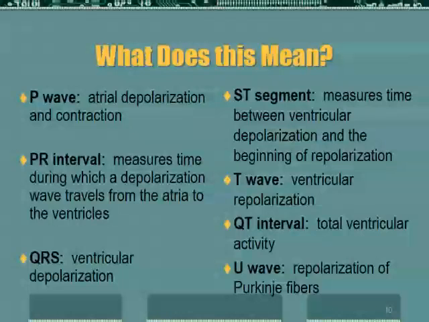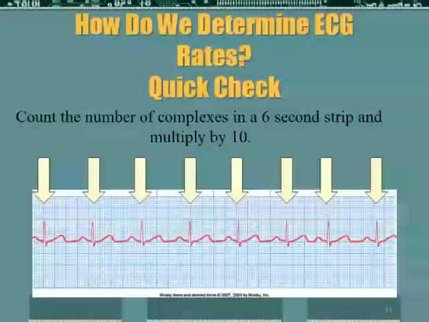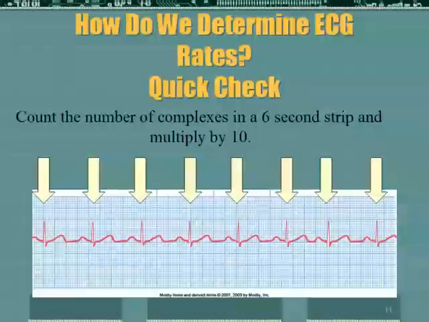So when we look at an EKG tracing, we're going to look at several different things. The first thing we need to see is what the patient's rate is. There are different ways that you can do this. One way is to look at a 6-second strip and count the number of QRS complexes, which represent a ventricular contraction. In other words, it would be the same as a heartbeat.